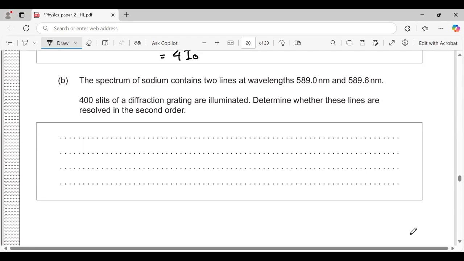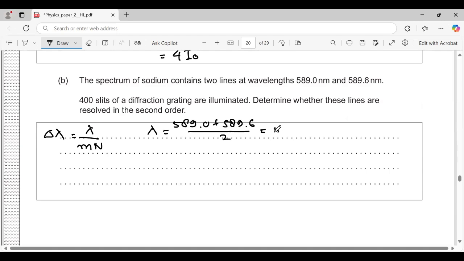We calculate the resolving power for the second order diffraction with delta lambda equals lambda over mN, and this lambda is the average wavelength. So we determine lambda by 589.0 plus 589.6 divided by 2, because of the average wavelength.